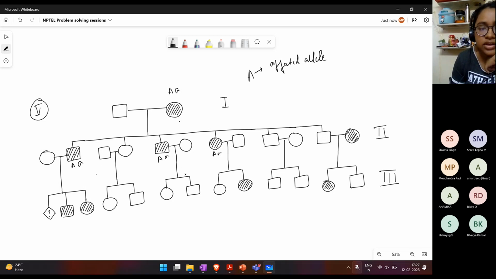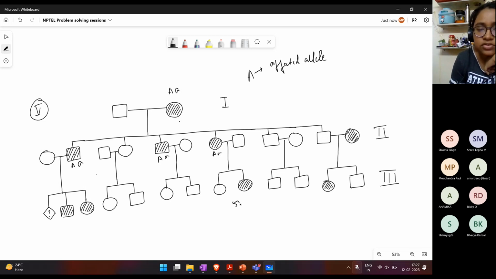Here, even though the father has the disease, the mother is not affected, and none of the children are affected. So here it is not getting passed. Here the daughter is affected. Here also normal, and the wife was affected. It was not in the family. So in every generation, this disease is occurring, and both male and female are affected.